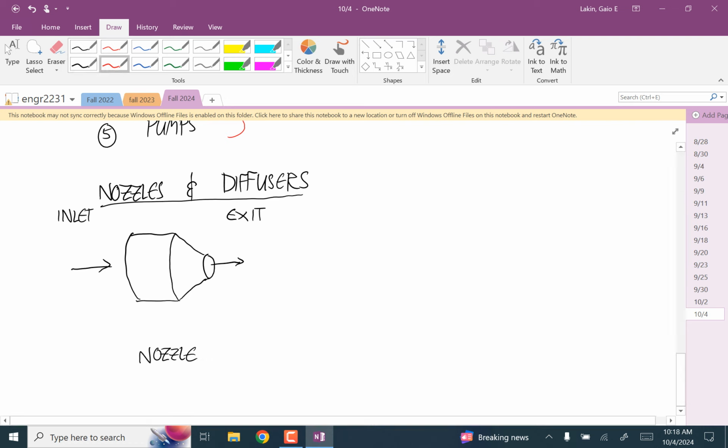At the inlet of a nozzle, you have a high pressure and a low speed. This is the inlet side, so you can label these sub i. And then at the exit, relative to the inlet, you have a low pressure and a high speed. This is like a nozzle you put on your outdoor hose to make the water spray faster.